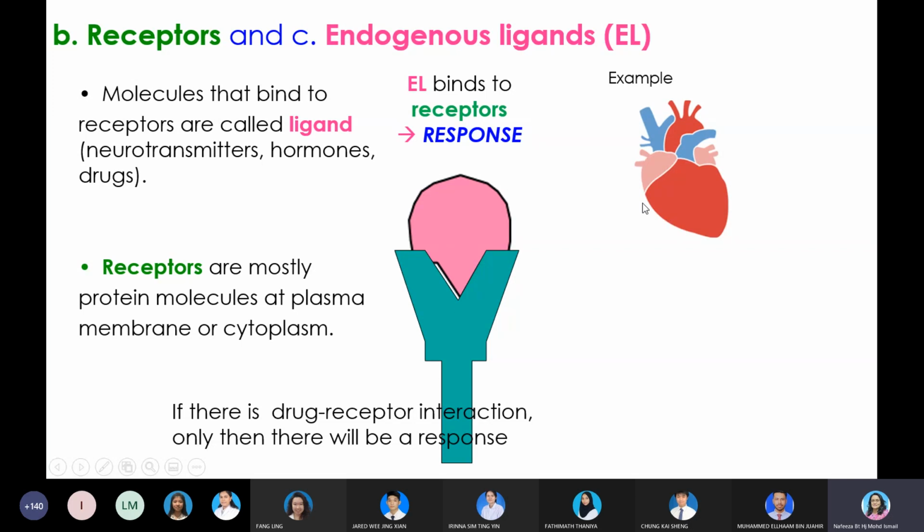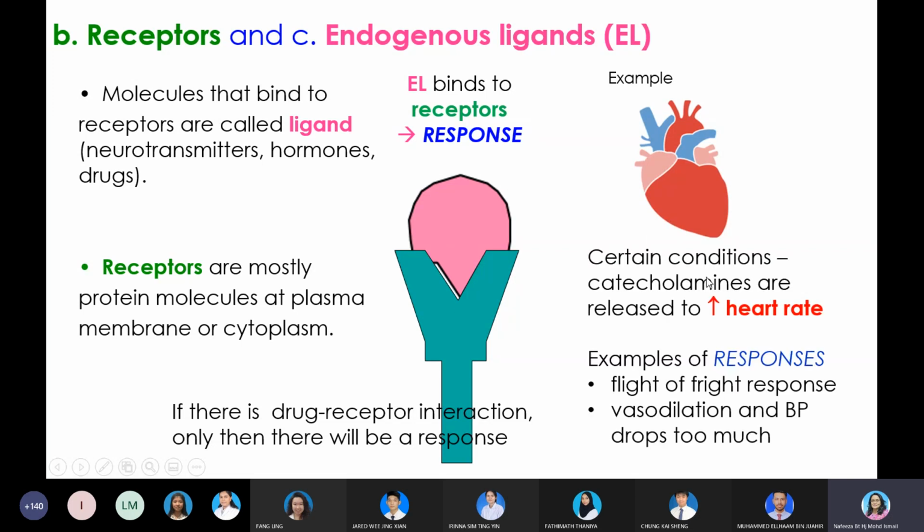So let's look at the example. Certain conditions require catecholamines. Adrenaline, as I said, is a type of catecholamine.